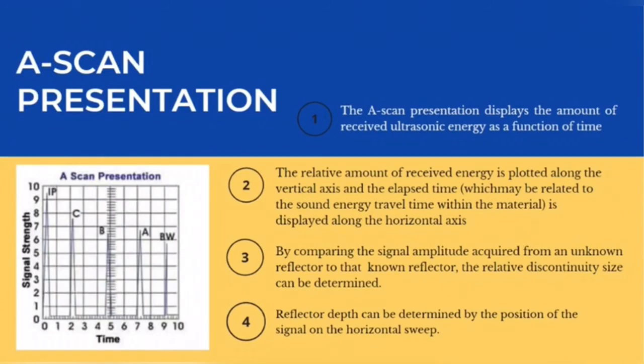The relative amount of received energy is plotted along the vertical axis, and the elapsed time, which may be related to the sound energy travel time within the material, is displayed along the horizontal axis. By comparing the signal amplitude acquired from an unknown reflector to that of a known reflector, the relative discontinuity size can be determined. Reflector depth can be determined by the position of the signal on the horizontal axis.